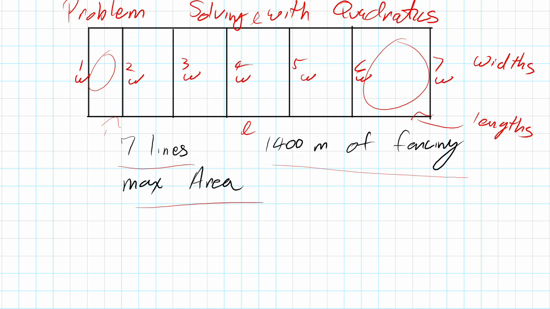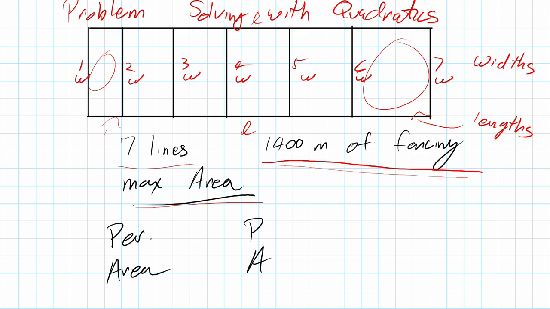So really this is asking about 2 different types of measurement. The one that gives a number of fencing is perimeter, which we'll represent as P. The second piece is maximizing area, which we'll call A. We need general formulas for these. Perimeter, technically, you have to add up every side.